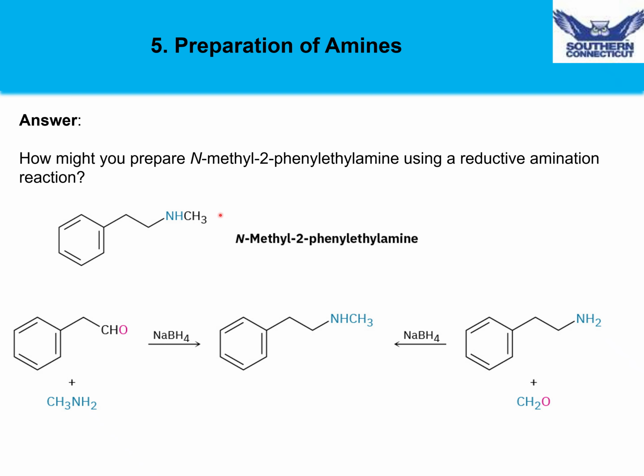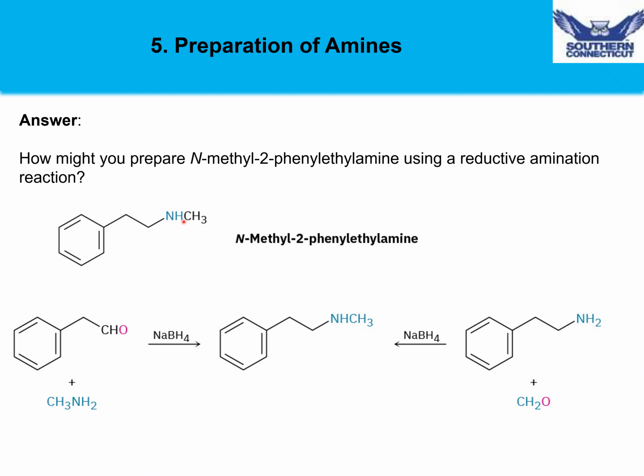In other words, when we look at the product, we can consider the amine coming from the nitrogen attached to either of the two alkyl groups that are in the product, and we add the other alkyl group from either an aldehyde or a ketone.